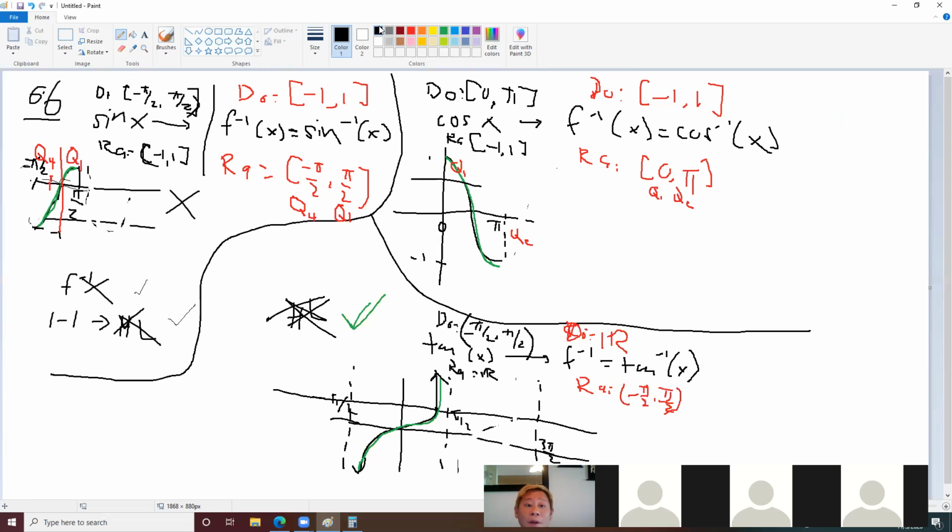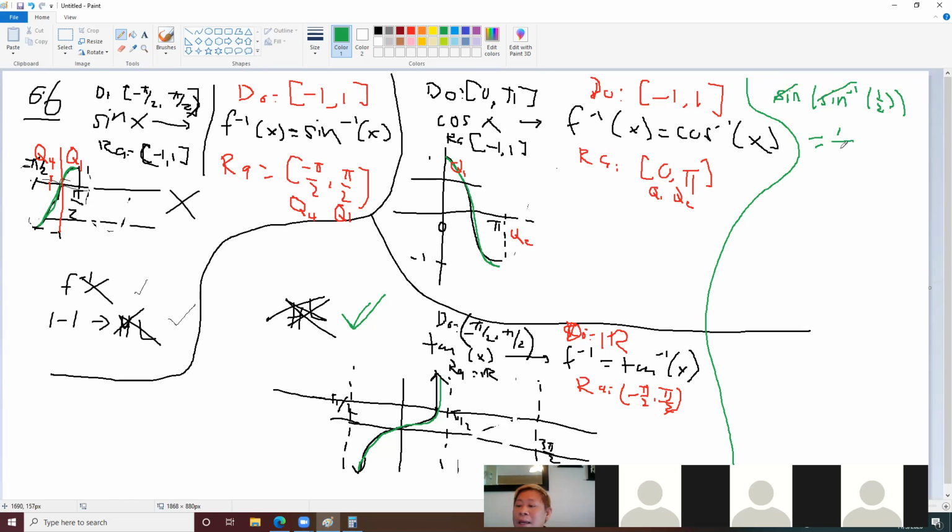For example, if you have what we call a composition of 2 functions, for example sine of the inverse of sine of 1/2, if they are exactly the opposite, they are inverses of each other, they will cancel out.